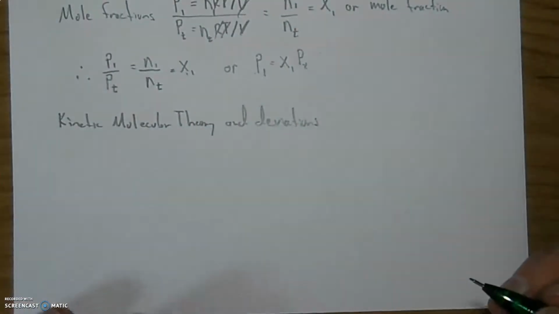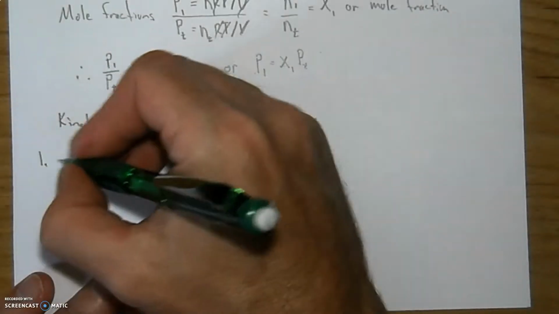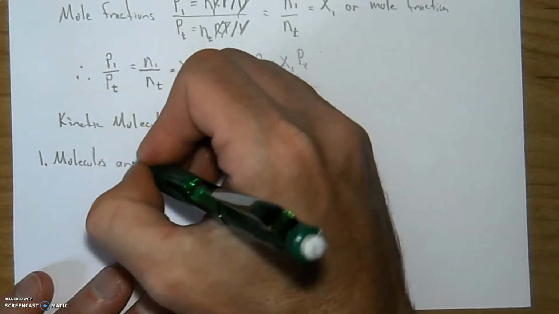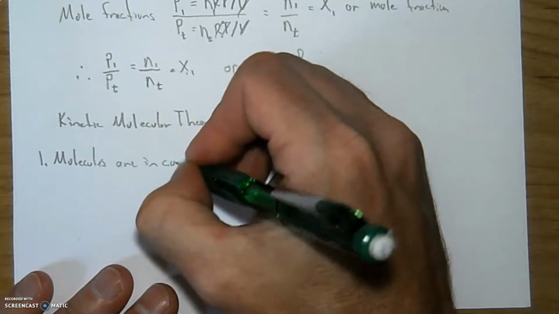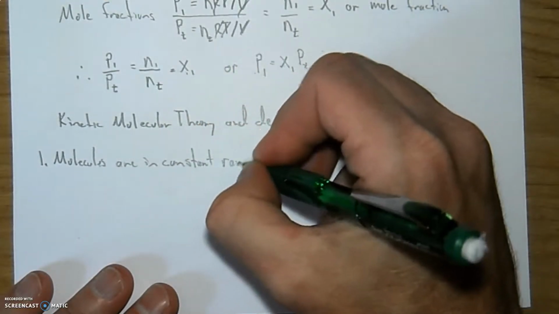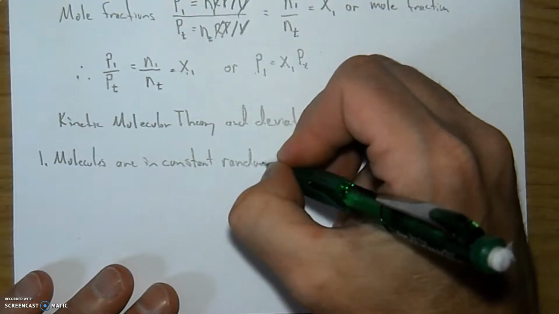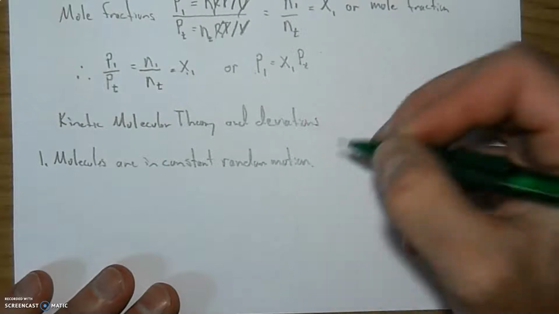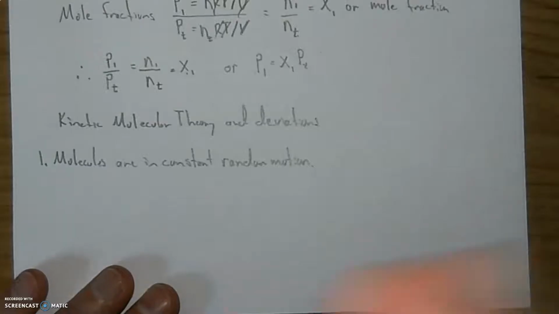Let's get a couple principles out of the way. First, molecules are in constant random motion. Always bouncing around, hitting each other, hitting the walls, changing speeds.